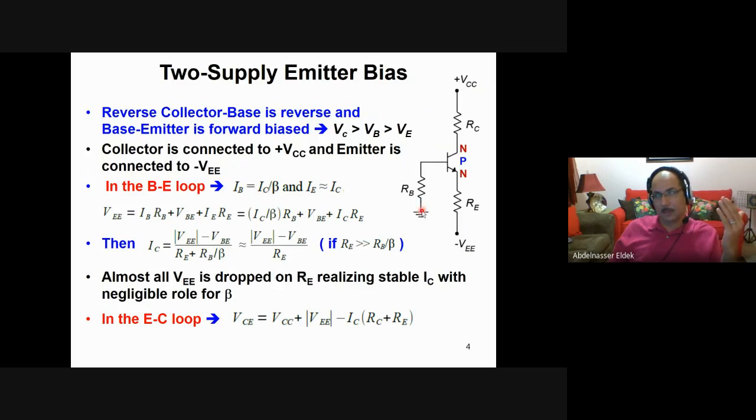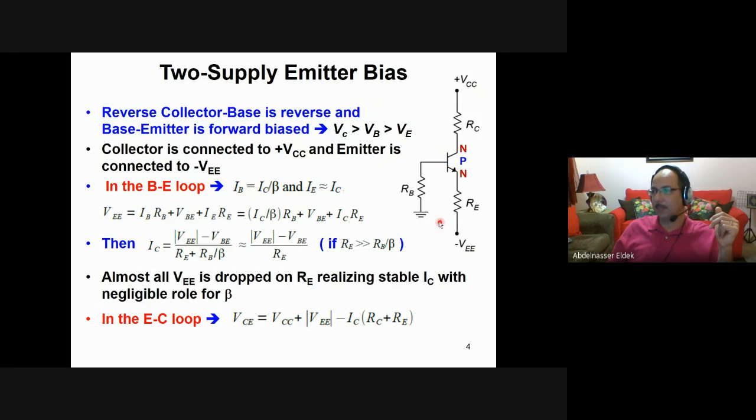To calculate the current in this circuit, you need to use this loop, this BE loop here. So imagine if this one is negative VEE, then this one will be positive, of course. So as if you have a source here that has a negative here and positive here. In this case, this voltage is applied on this loop, so it will be dropped on RB in this part here and on RE.